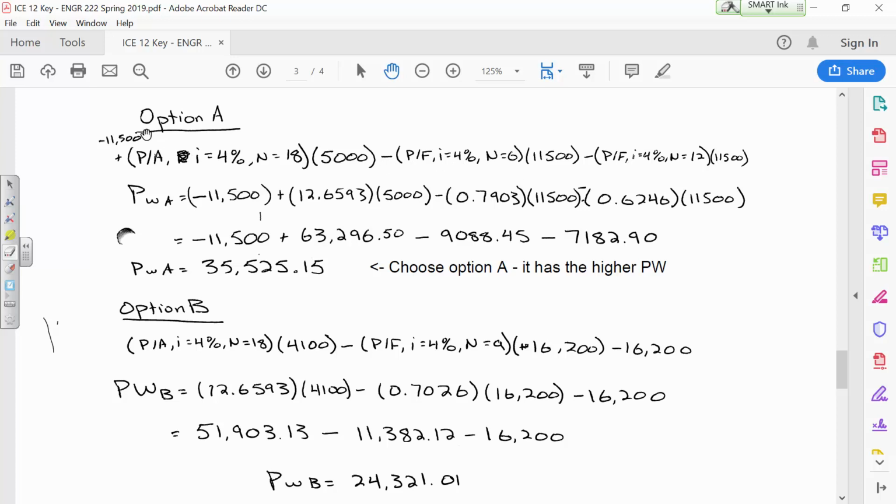We're subtracting the initial cost. We're subtracting the next time we buy the items, and then the revenues were positive. So in the end, we've got the initial cost, the present value of the revenue, the present value of the second time we buy the item, and the present value of the third time we buy the item. So we're accounting for everything.